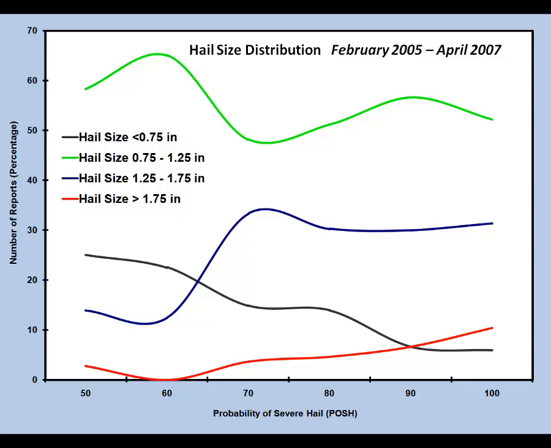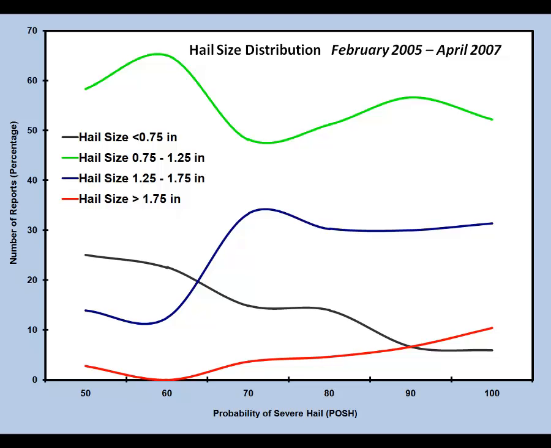As always, though, the difficult size to detect is that size that's just above severe, up to about quarter or half dollar size, that 0.75 to 1.25, the green line at the top, and it's really all over the place. Look how many reports we had in that size range.